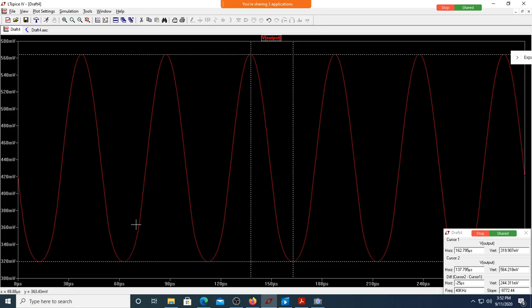An amplifier should have as little harmonic distortion as possible. That is possible only when the waveform is pure sinusoidal. That will happen when the MOSFET is always in the saturation region.